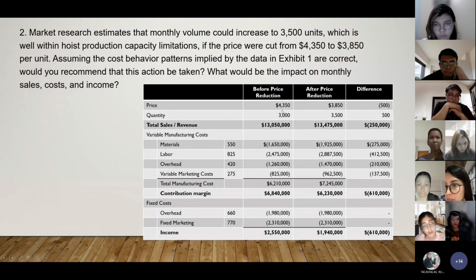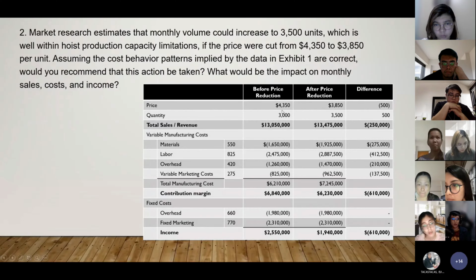Variable marketing cost times 4,000, which is equivalent to $9,120,000 kapag dineduct natin yung revenue sa ating mga variable manufacturing and marketing cost. So deduct din natin yung fixed cost and we're gonna get the income of $4,830,000.